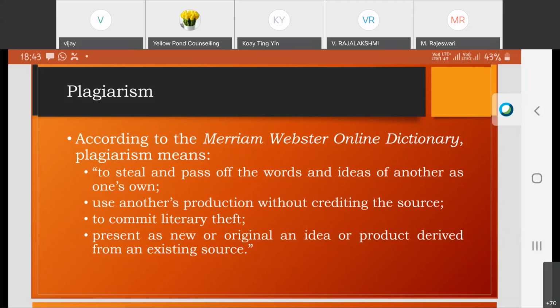When we provide appropriate education towards plagiarism to undergraduate students, we can cultivate this education in the students. It will enhance and motivate the students to pursue research work.